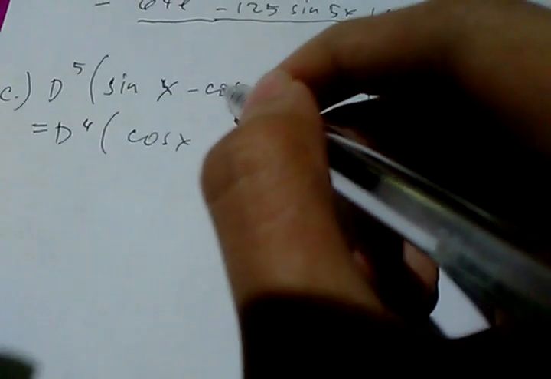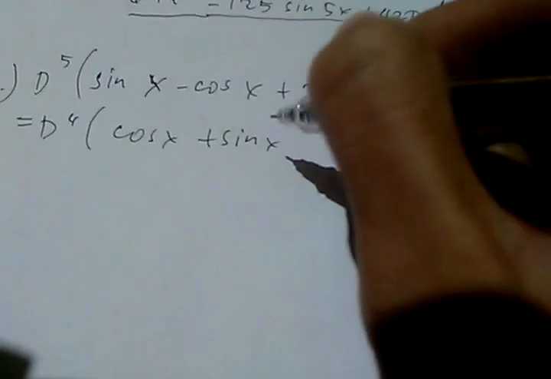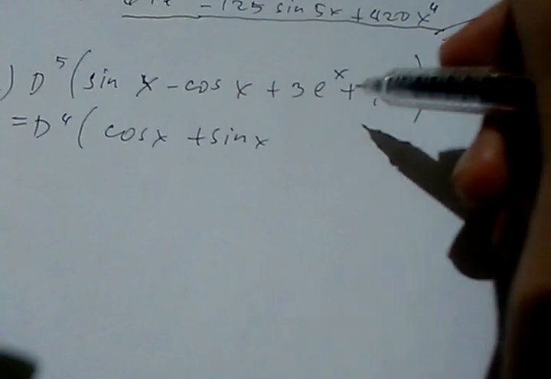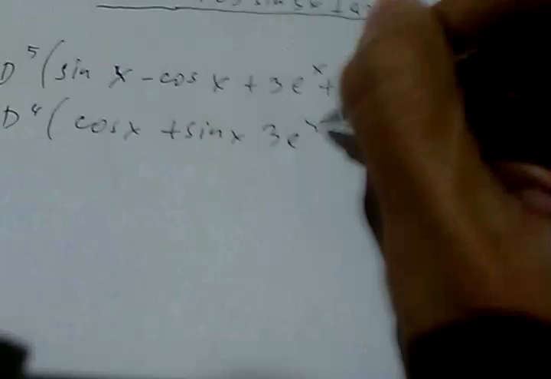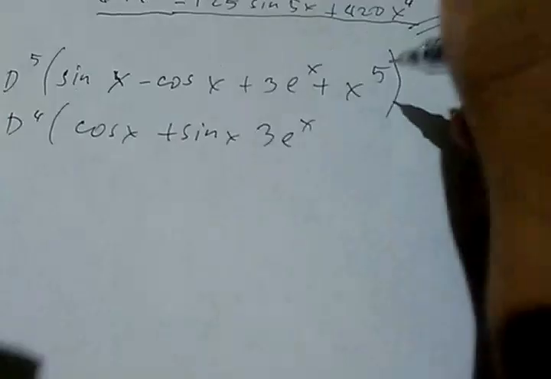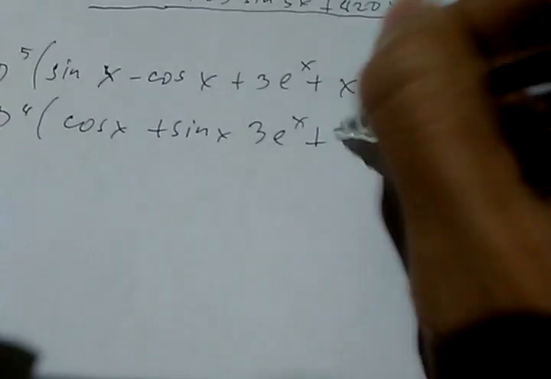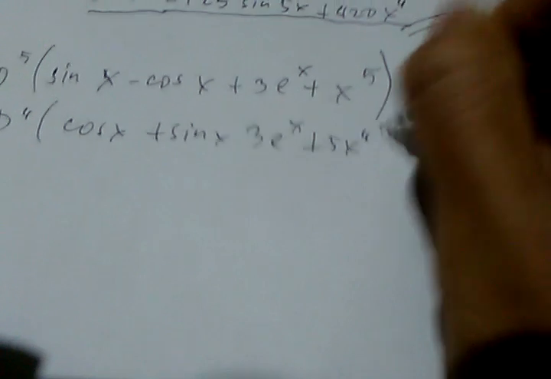For the first derivative, the derivative of sine of x equals cosine x. Then negative cosine x gives positive sine of x. Then 3e raised to x gives 3e raised to x. Then for x raised to 5, its derivative is positive 5x raised to 4.